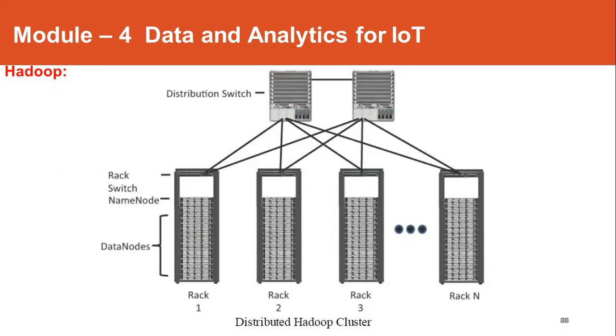So for storage purposes, the RAID technology is used, that is redundant array of independent disks. So it is not used in HDFS because the name nodes and data nodes coordinate at the block level redundancy, whereas that is not possible in RAID technologies.